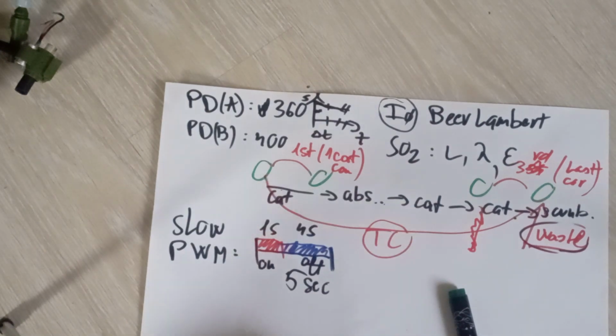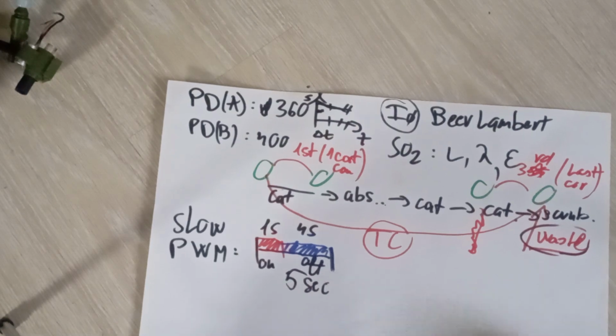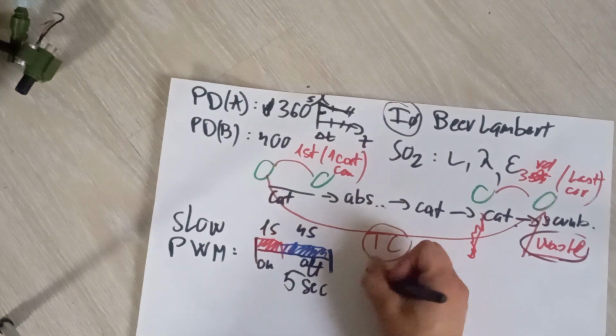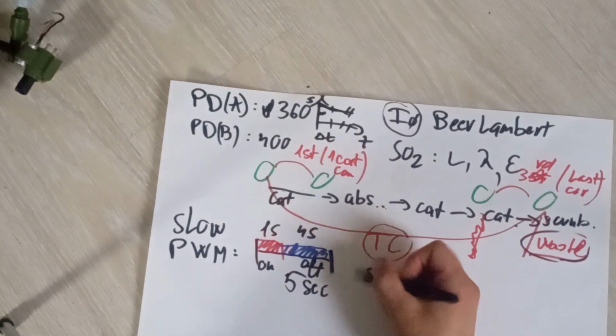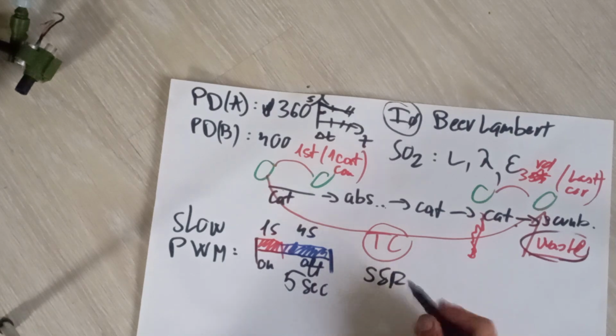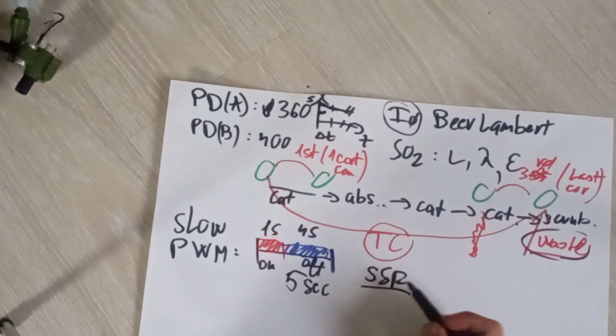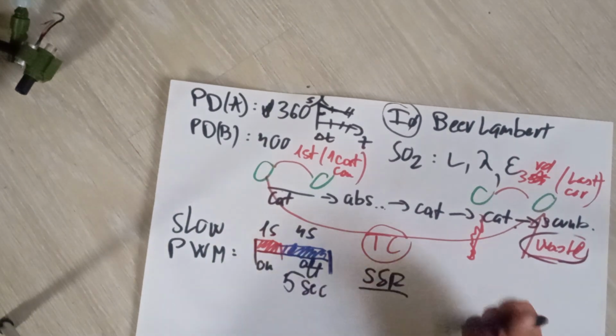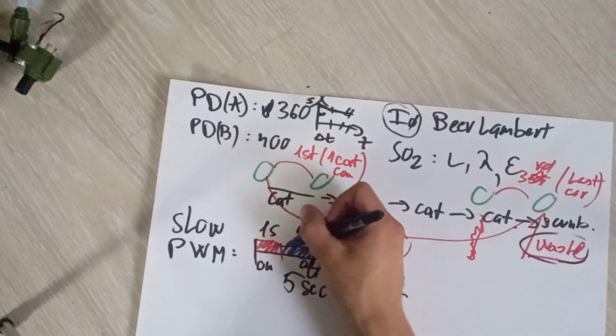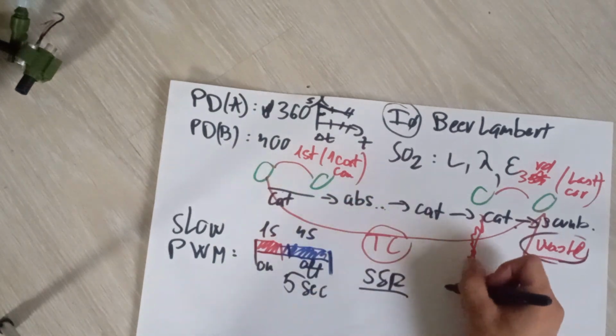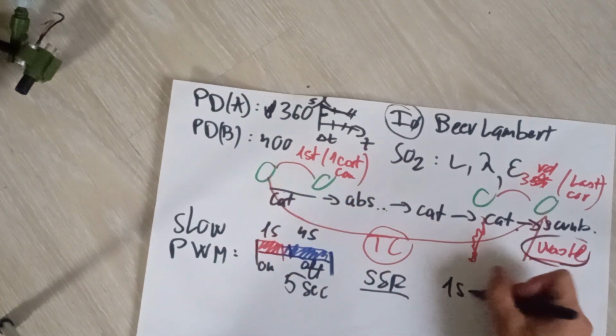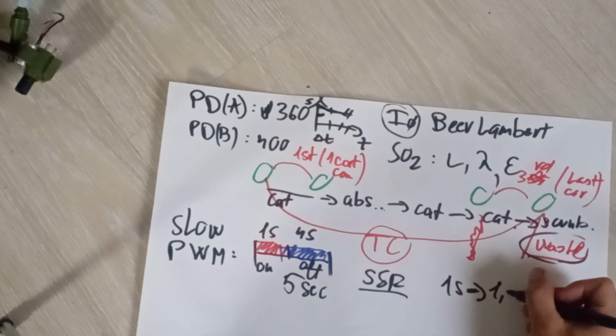And based on that, we can control with a relay the amount of electricity that goes into the heating coil, with a solid state relay, SSR, just not USSR. With the SSR, we can control this, and we can increase this, let's say, instead of 1 sec, we go to 1.2 sec.